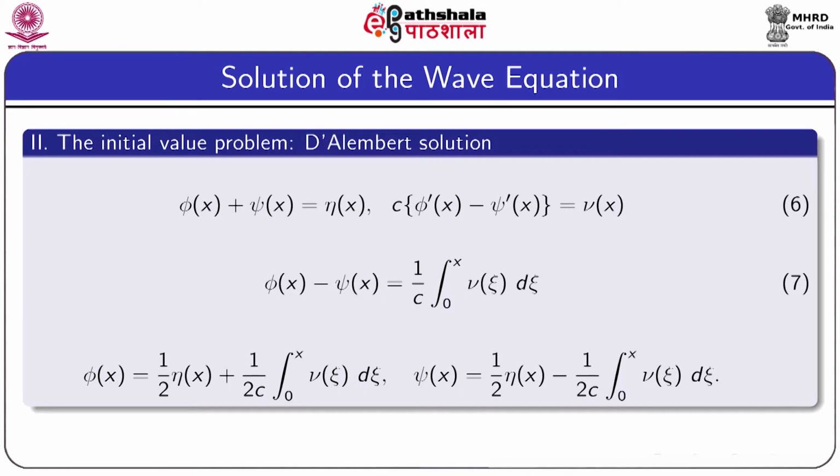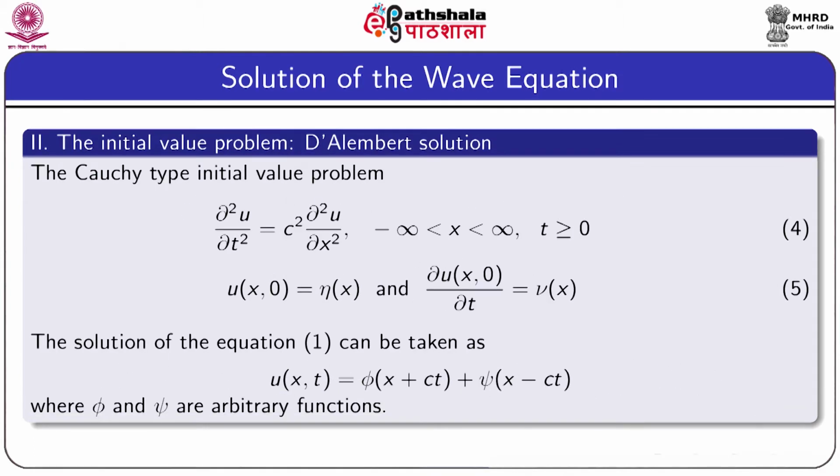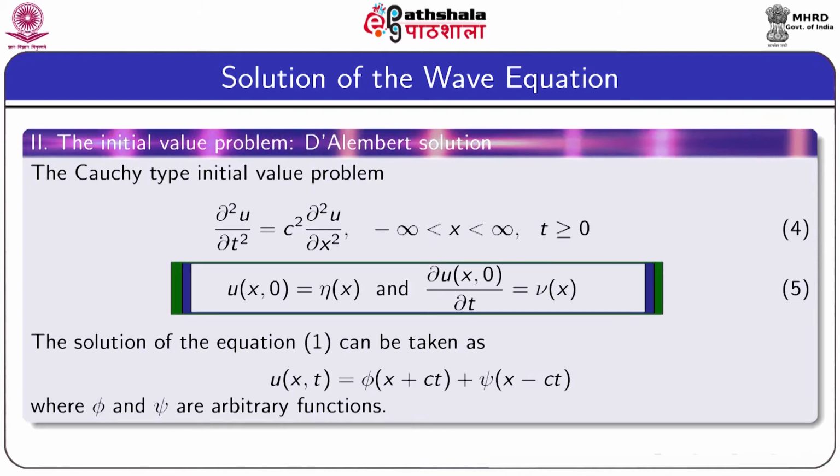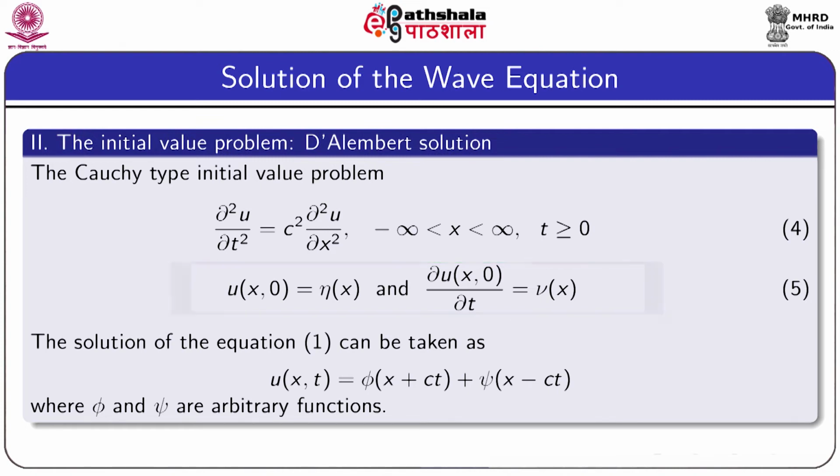Since φ and ψ are arbitrary, now we are using the initial condition. The first initial condition says that u(x, 0) = η(x). So if we substitute that in the solution, we put t = 0.